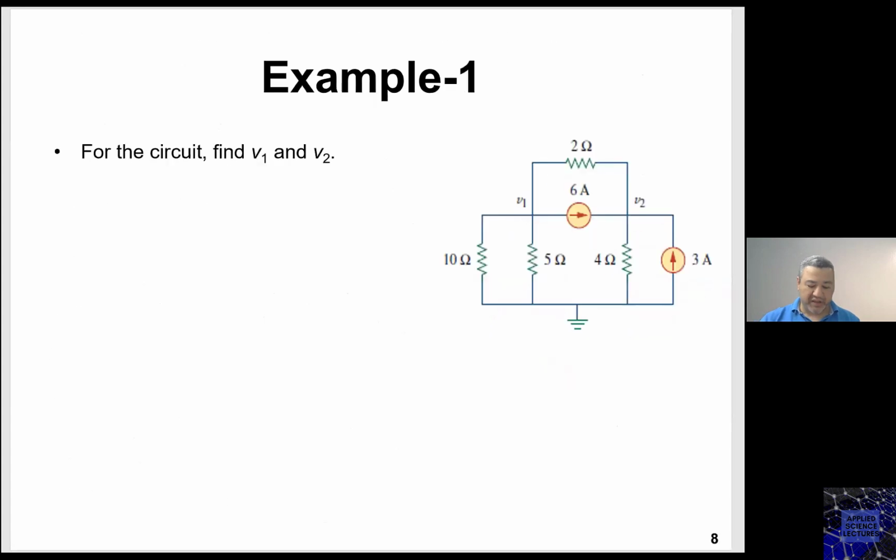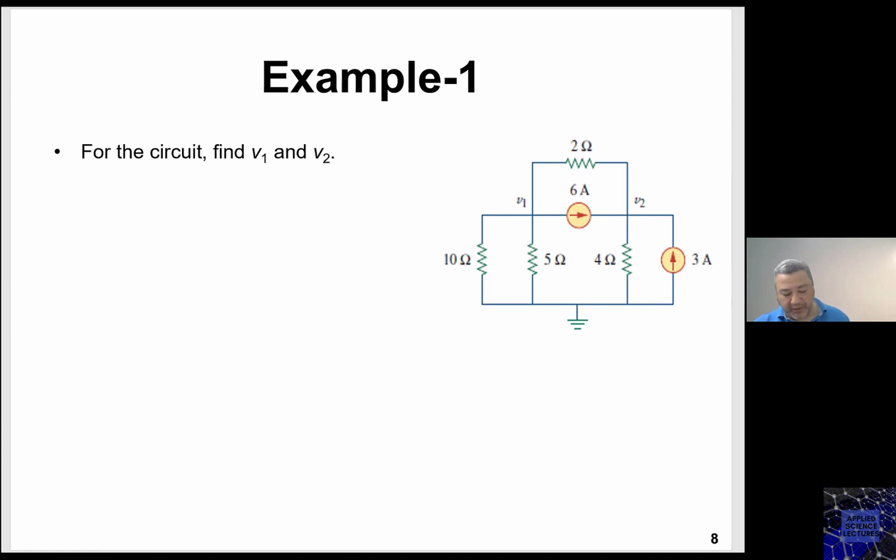And again, we said that so far we have not talked about circuits that have voltage sources, only circuits that have current sources. We will see why in a few slides. Now let's do this example.